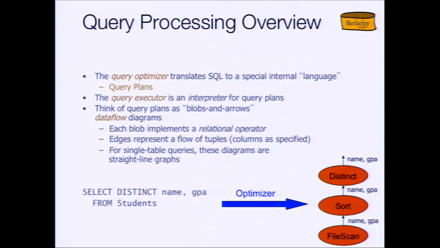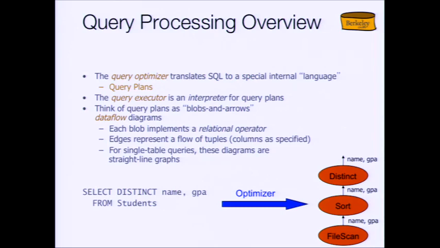So data is going to start flowing out of this file scan, and the columns we're going to pull out of that file scan, the only ones we need are name and GPA, because there's nothing later on in the query that needs anything but name or GPA. So we'll throw away anything but name or GPA out of this file scan, and we're going to pass all those rows into a sort operator. That sort operator is the thing we learned last time. Right?